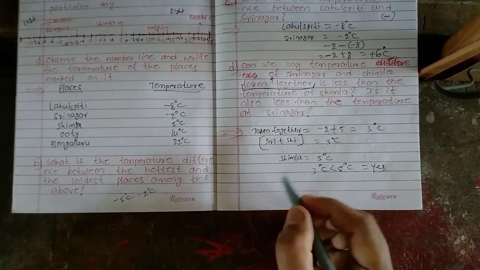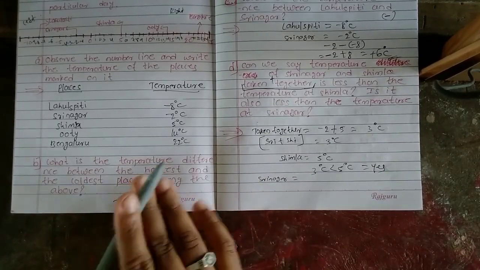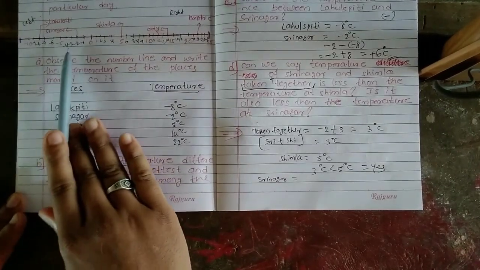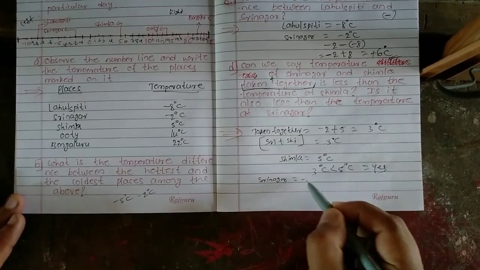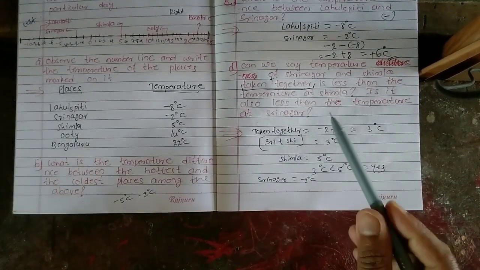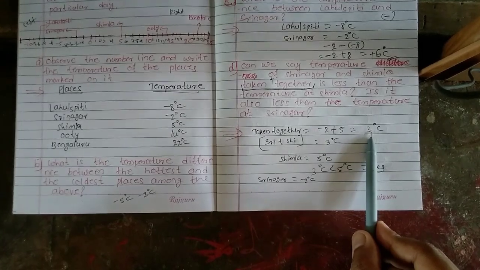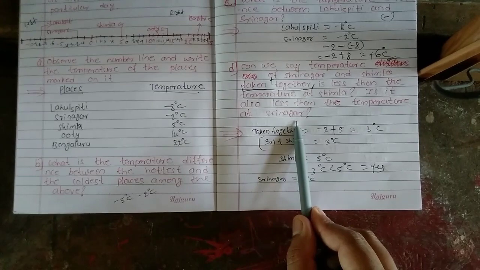Tell me what is the Srinagar temperature here? See, Srinagar temperature is -2 degrees Celsius. So the taken together temperature of both Srinagar and Shimla, is it less than the temperature at Srinagar?